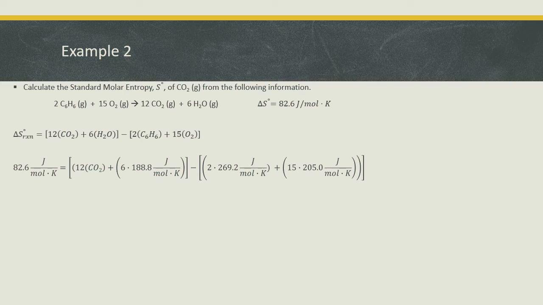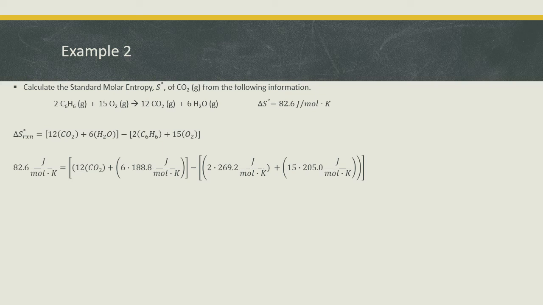We're solving for it. We have 6 times 188.8 for water. And then we're subtracting the other term, so 2 times 269.2 for the C6H6, and then 15 times 205.0 for the oxygen. Now we want to simplify our equation down.